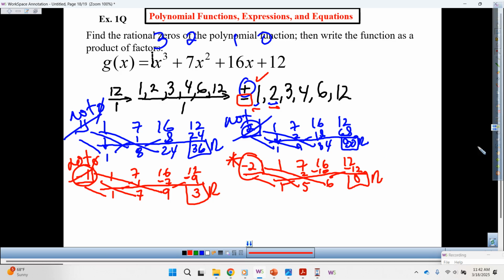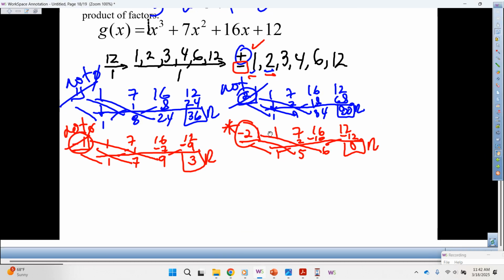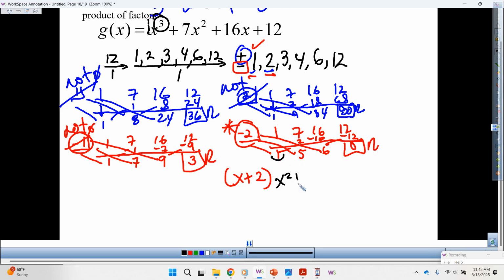So, how do we write negative 2 without being in synthetic form? X plus 2. What do we have left? Well, if we started with a cubic and we did the division, we lose a degree. So this is x squared plus 5x plus 6.